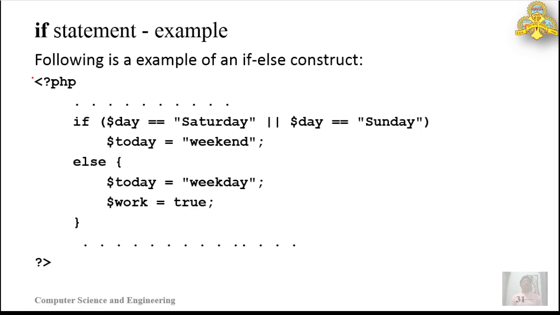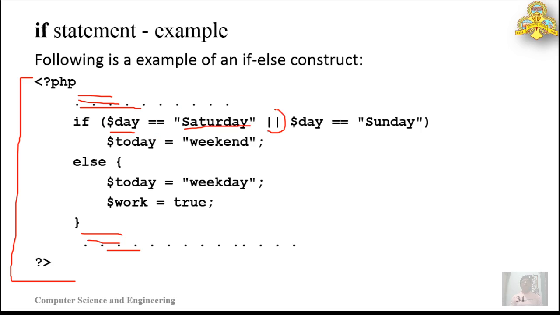We will go for a small example. Here is a PHP statement block. Assuming that $day is a variable, it has some value. The dollar sign is a common symbol in PHP variables. So if $day is equal to Saturday, observe here it is the logical or operator, or it is equal to Sunday, then I will store the string weekend in the variable $today.